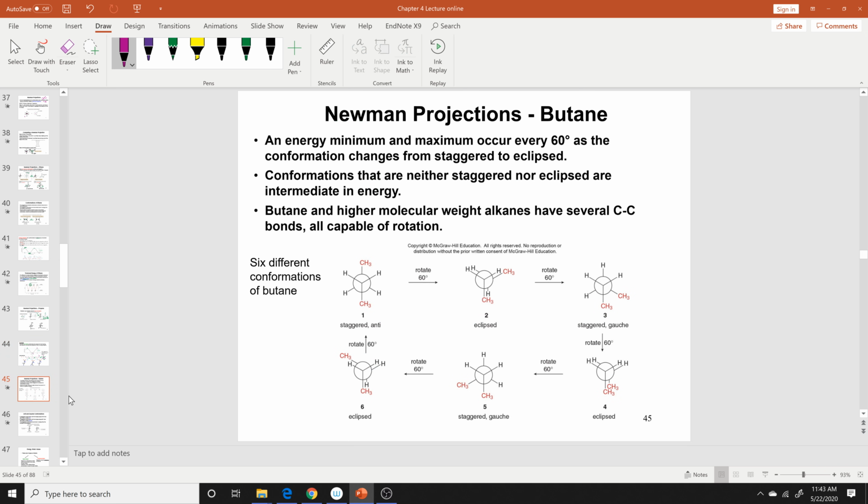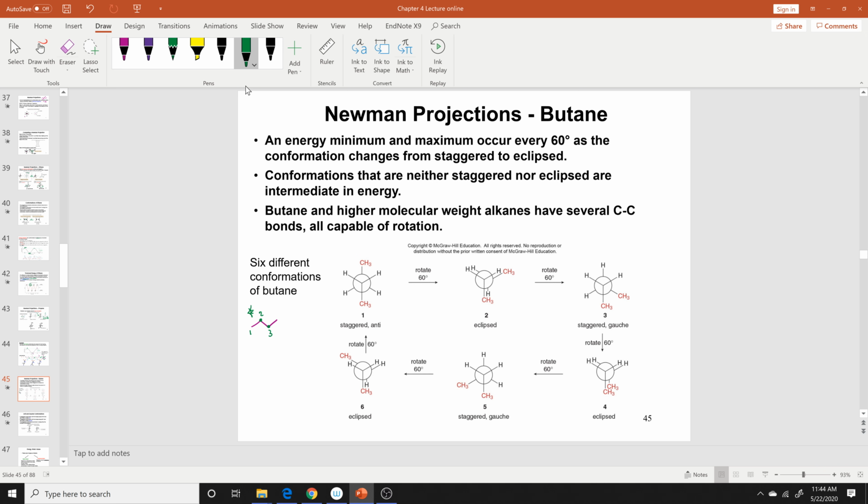Now you start seeing more conformations when the number of carbons increases. So here I have a butane. A butane is a chain of 4 carbons, and I am drawing the Newman projection along carbon 2 and carbon 3. So I am viewing this way over here. Carbon number 2 is going to be in front, and carbon number 3 is going to be at the back.